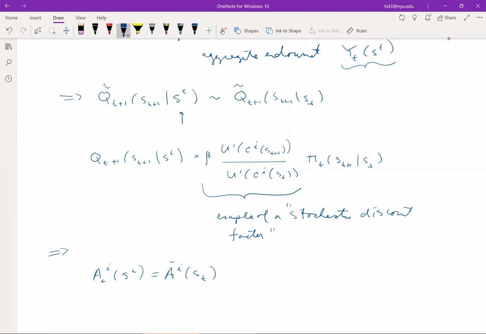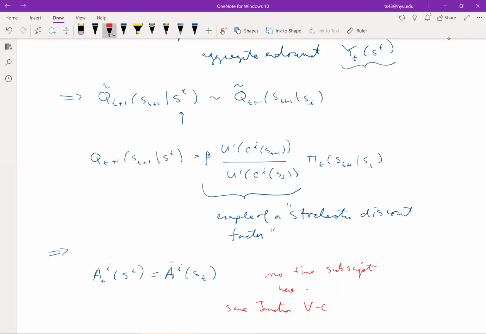And here I want to point something out that's really significant. There's no time subscript here. This is going to be the same function for all t.